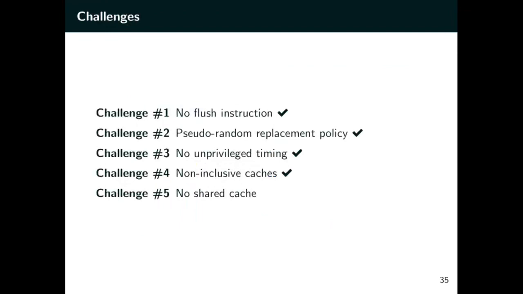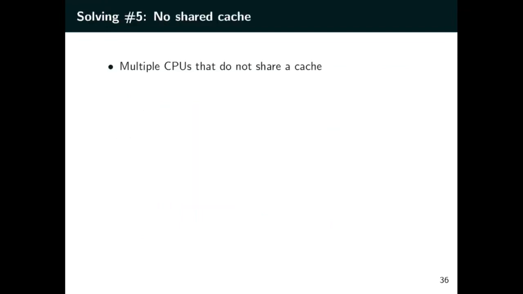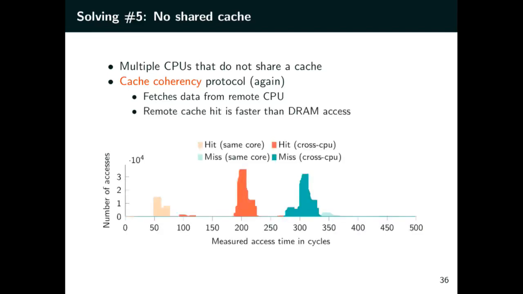The last thing we need to fix is that we have no shared cache on modern phones which have multiple CPUs, so that there's no shared cache between them. And the answer is, again, cache coherency protocols, because they allow us to fetch data not only from the remote core, but also from the remote CPU. And this is also faster than if we would have to access the DRAM.